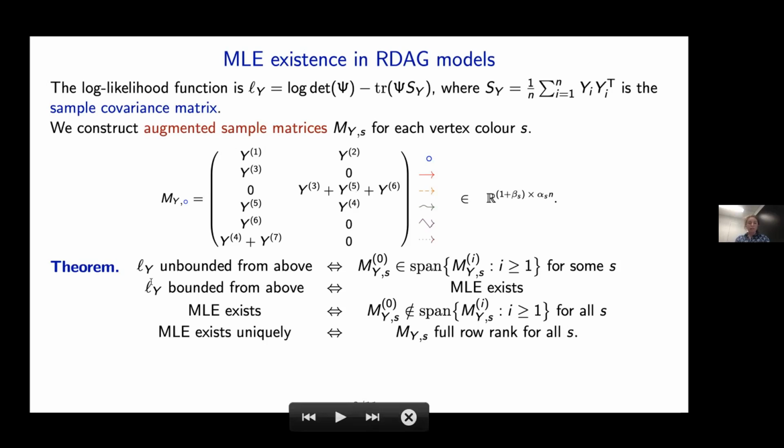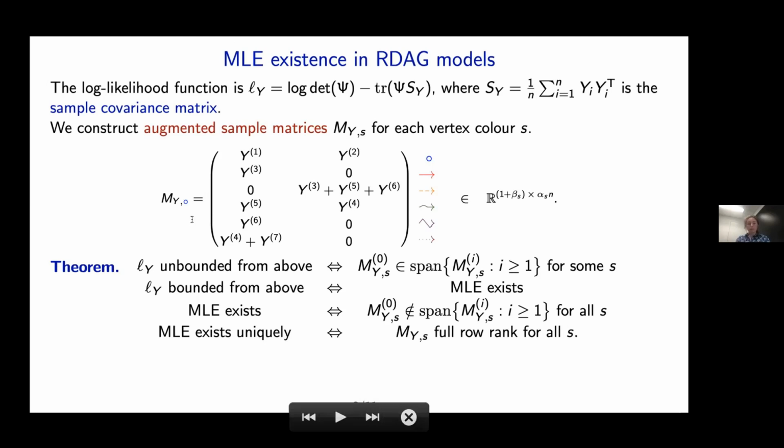Then the log likelihood is bounded from above if and only if the MLE exists. So the MLE exists if and only if the opposite of this first condition holds: the 0th row is not in the span of the other rows for all vertex colors S. And the MLE exists uniquely if and only if this matrix has full row rank for each vertex color.